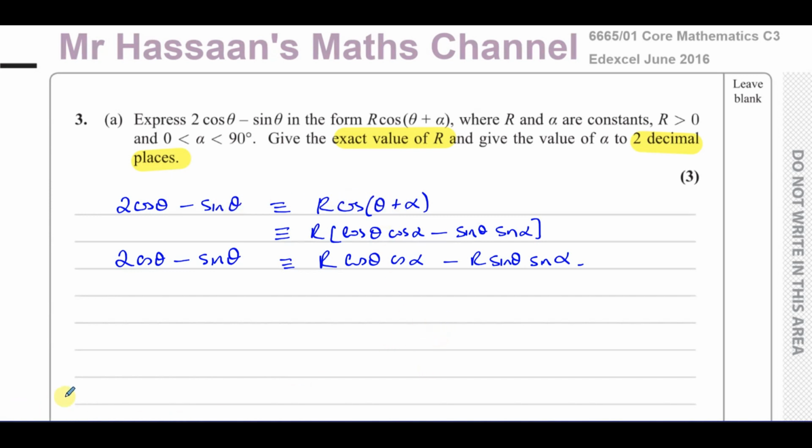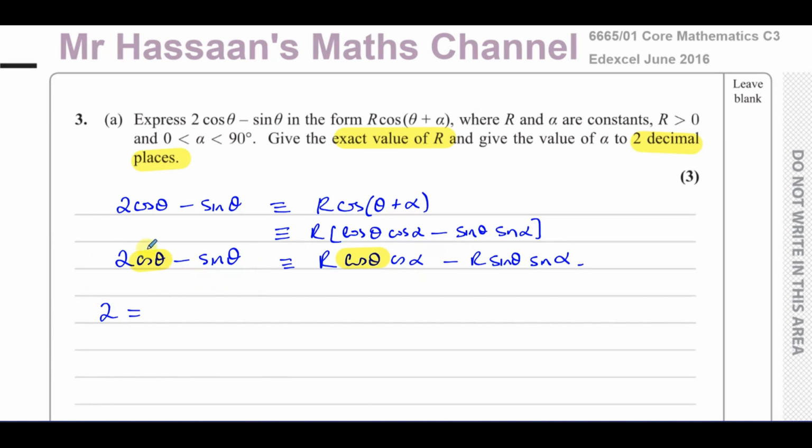To find the value of alpha and r, we're going to compare the coefficients on both sides of this equation. Let's start with cosine theta. What is the coefficient of cosine theta on this side of the equation? It's 2. And that must be equal to the coefficient of cosine theta on this side, because this side is identical to that side.